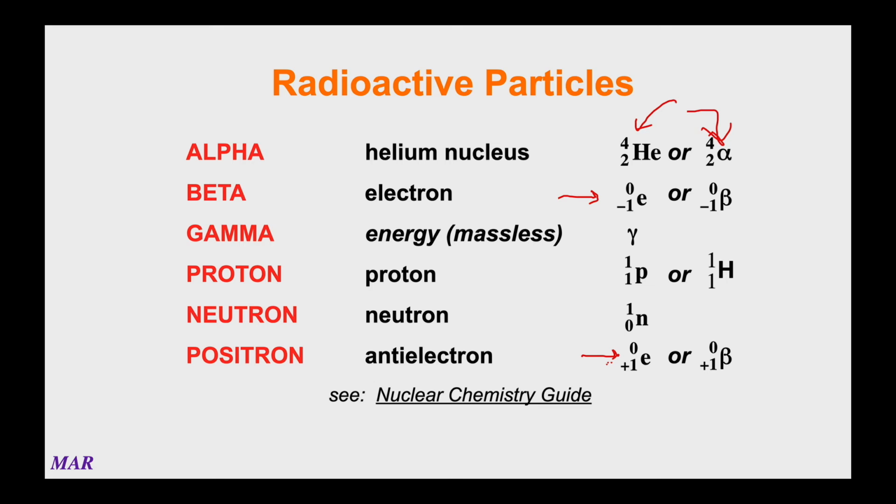So they're very similar. There's a reason why the one is negative 1 and the other one is positive 1. An anti-electron is not a proton, which also is positive 1 in the lower part there. So that's why there's a 0. So anyway, these are going to be players. We're going to talk about all of them in more detail, and there is a nuclear chemistry guide in the companion and online that might help you when you go through this section.